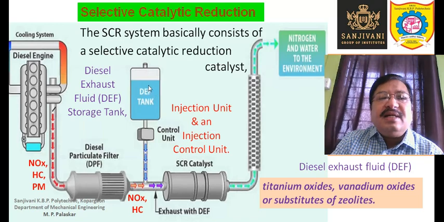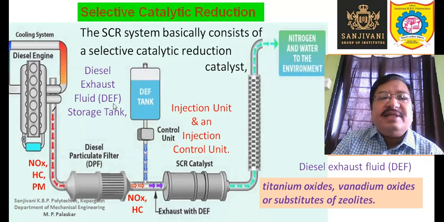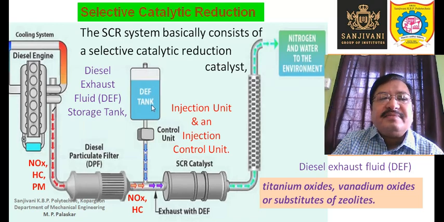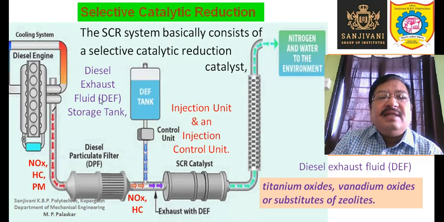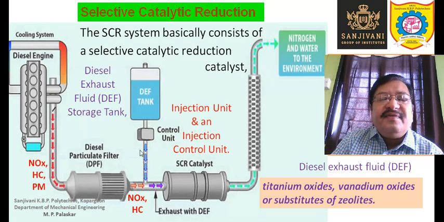Now this is the DEF tank, diesel exhaust fluid storage tank, and this is the injection control unit, and the injector is also present here. So this diesel exhaust fluid, DEF, is injected in this exhaust line, so that this fluid gets mixed with the exhaust gases, right?